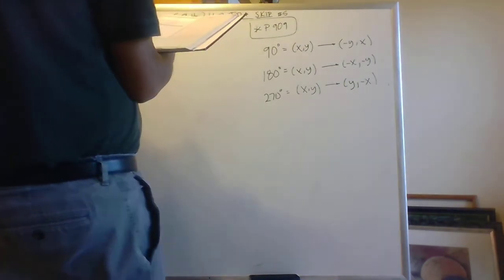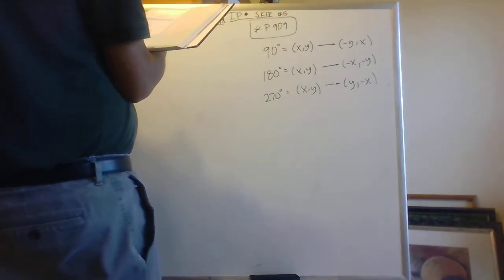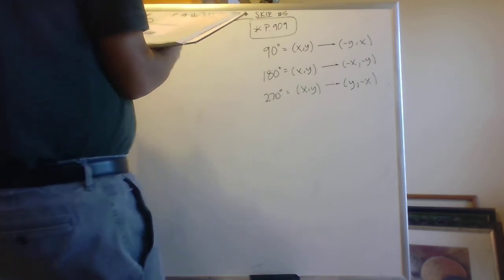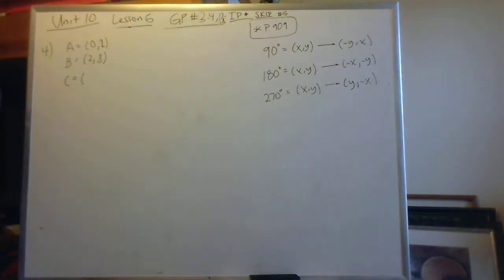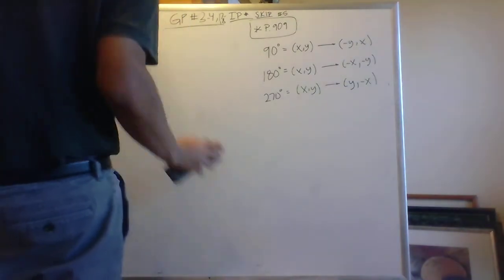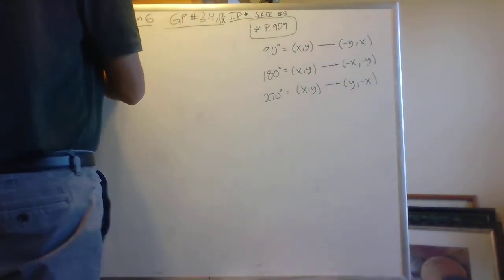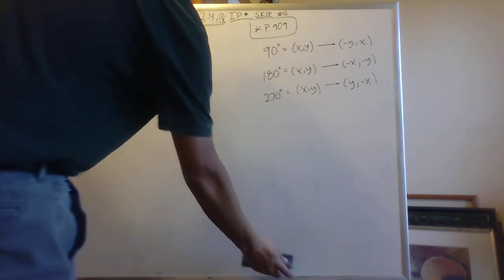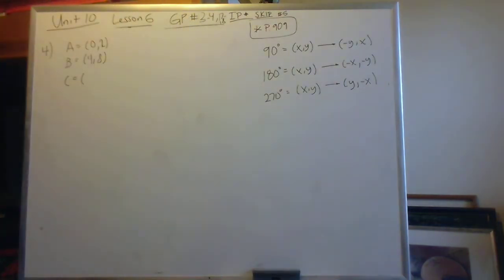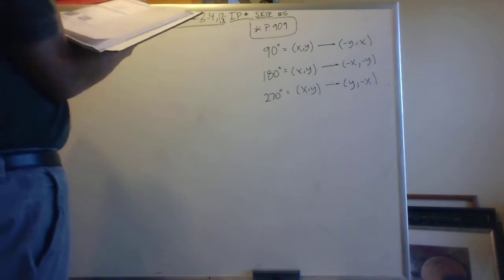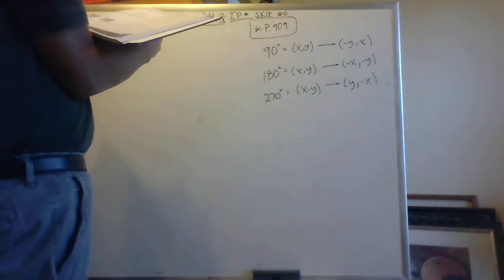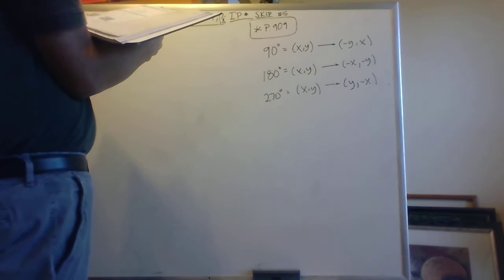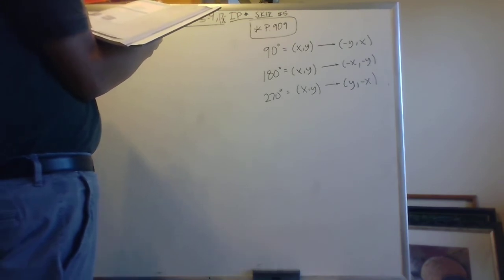So A would be at 0, 2. And then B is at 4, 8. I don't know why they do this. They have a weird scale to where every mark on the axis is a scale of 2. And then we have C is at 8, 6. And D is at 4, 0.